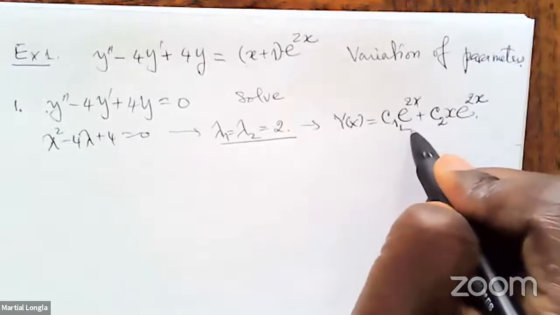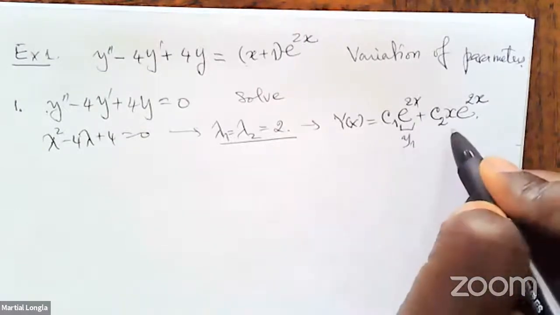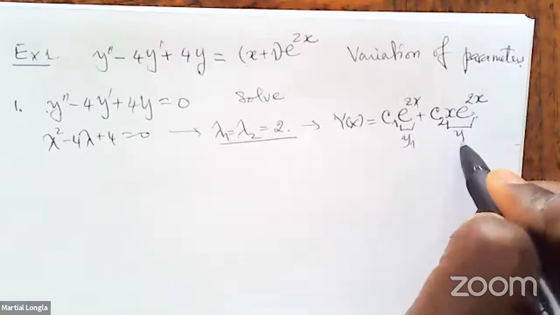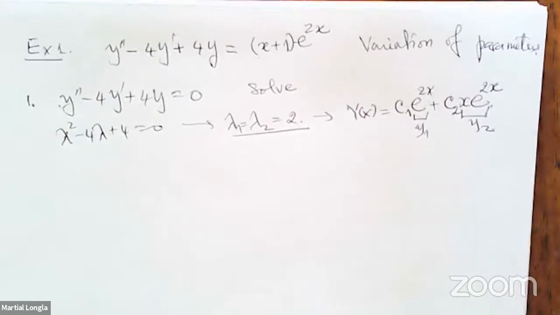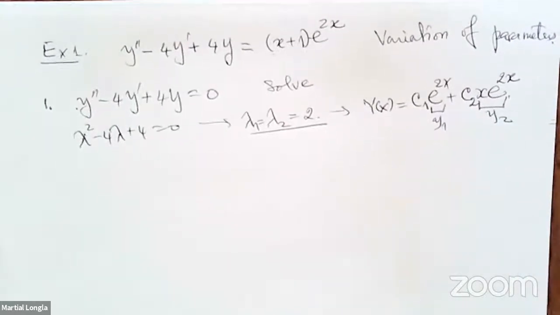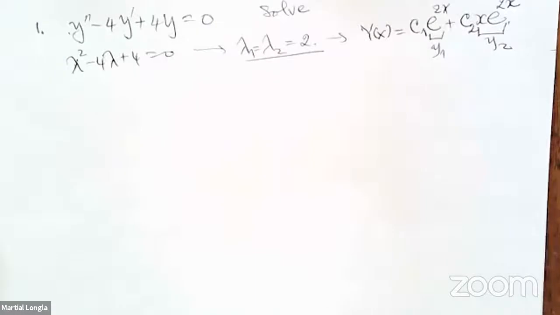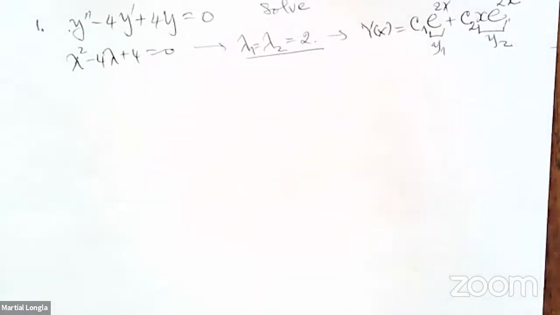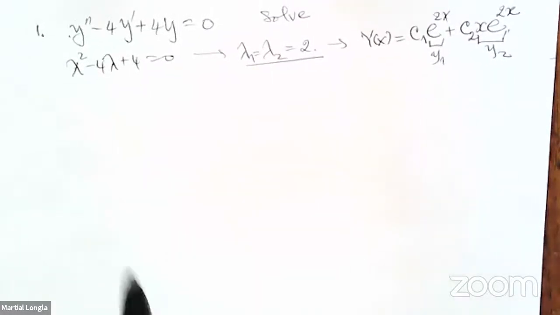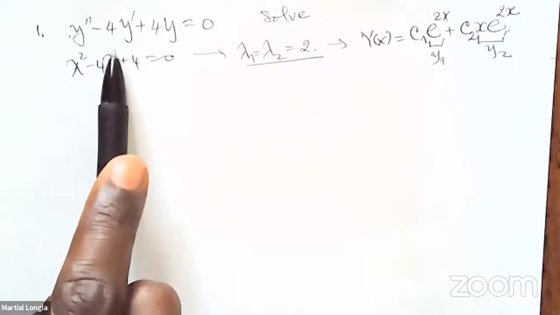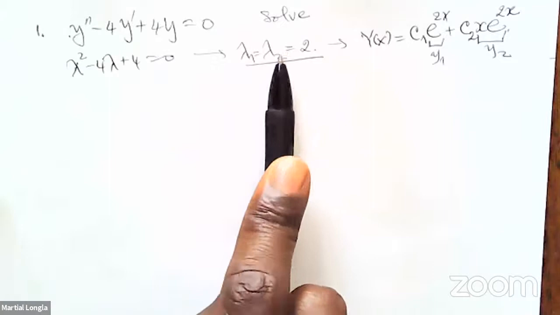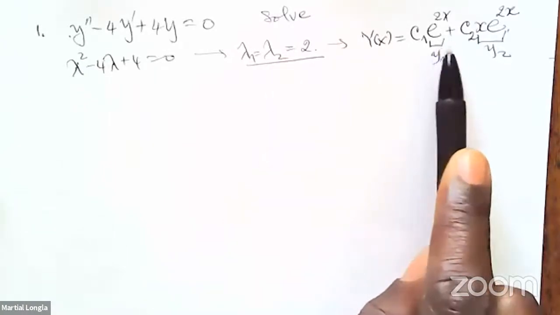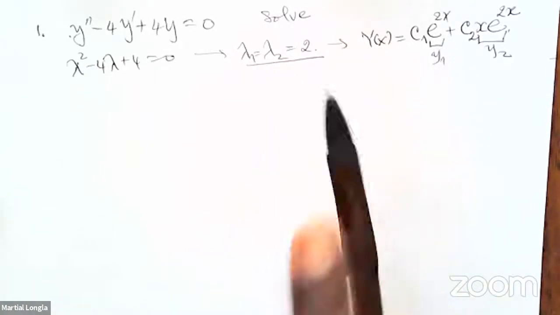And therefore, this here is y1, and that is y2, used in the method of variation of parameters. If you miss that, the whole rest of the problem is useless. You understand why it is paramount to solve this correctly, get the proper lambda 1, lambda 2, and know the proper formula for the case that you get.